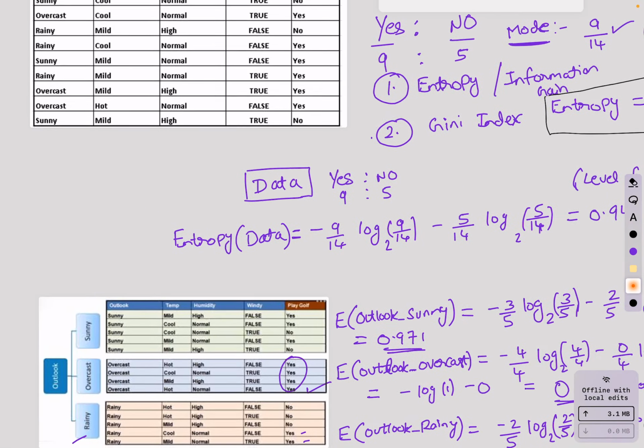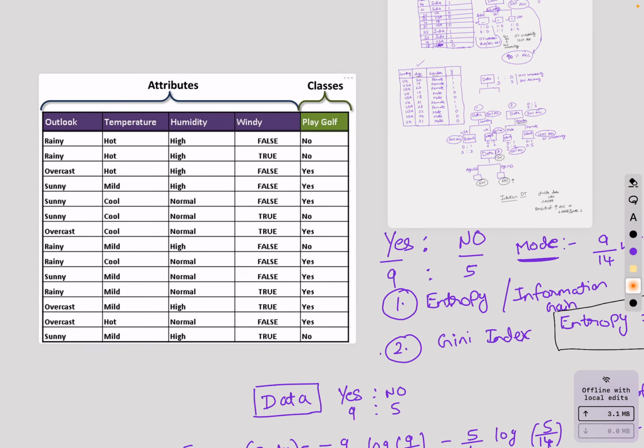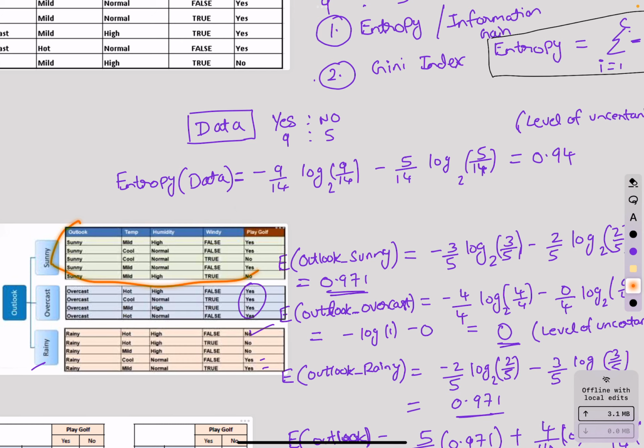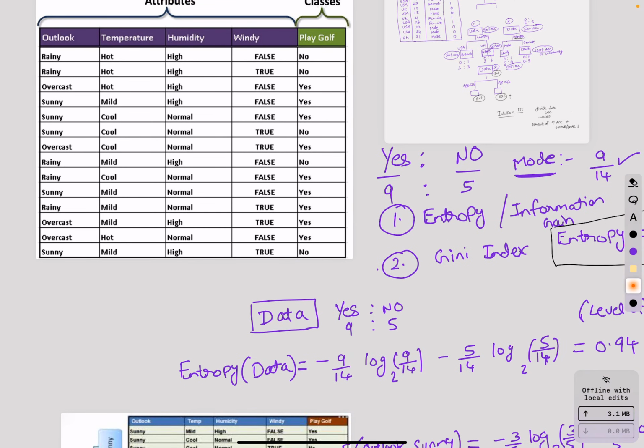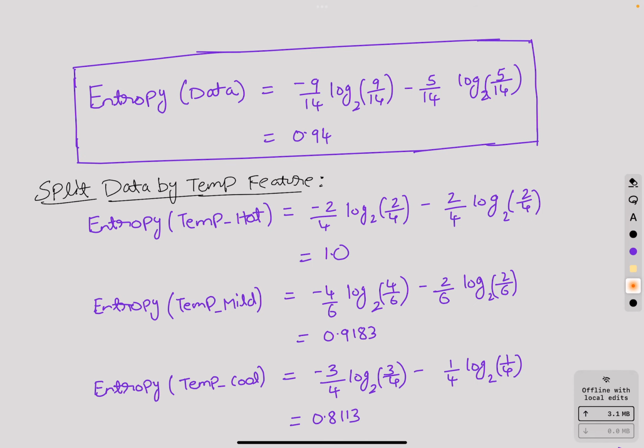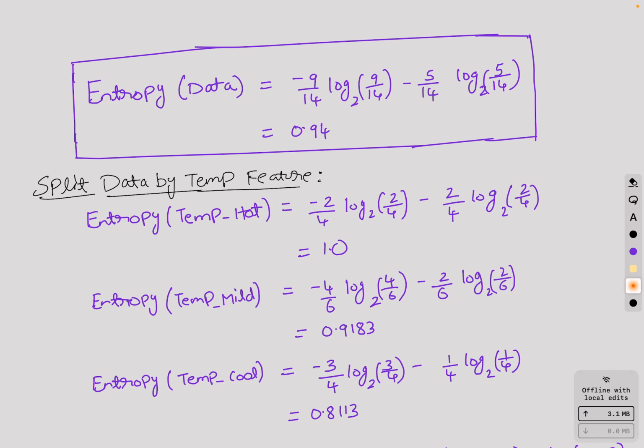But I could have divided my data on the basis of temperature also. I have divided my data on the basis of outlook, so I had 3 subsets: sunny, overcast, and rainy. But I could divide my data on the basis of temperature, humidity, or windy also. And if I do that, I've just written the calculation over here for reference.